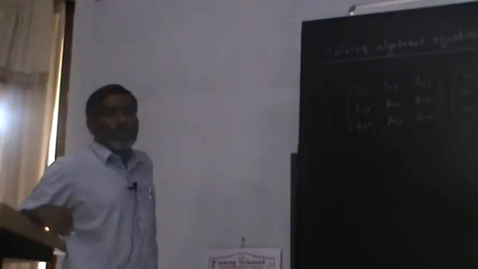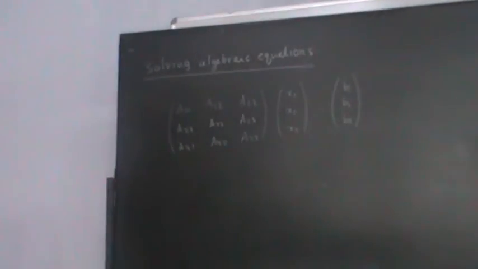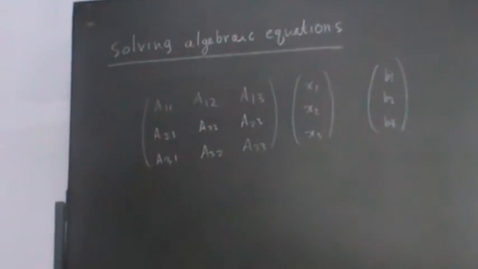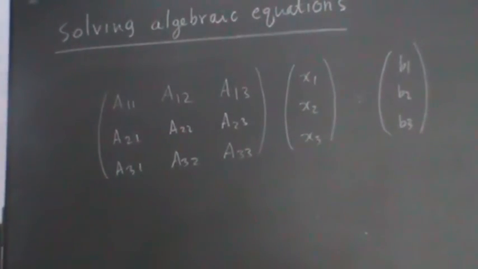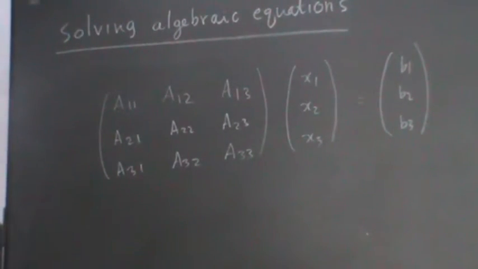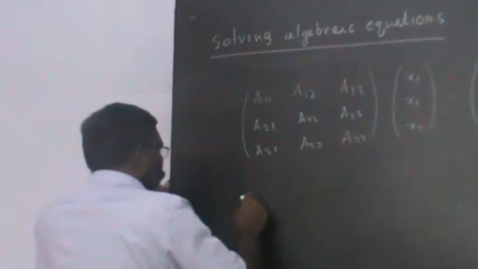Now I can multiply this matrix with a lower triangular matrix. What is my aim? I want to choose my lower triangular matrix such that when I multiply this matrix with it, the idea is something like this.